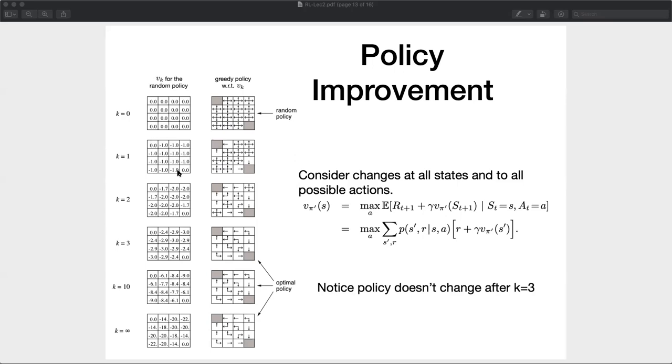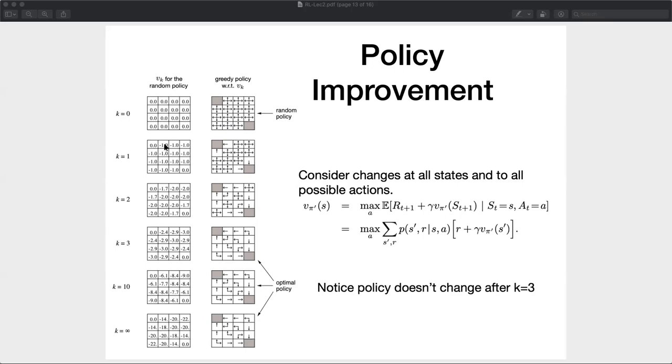If I use these values to determine the optimal action to take at that state, you can see this is the state with the highest value, because these all have a value of -1.